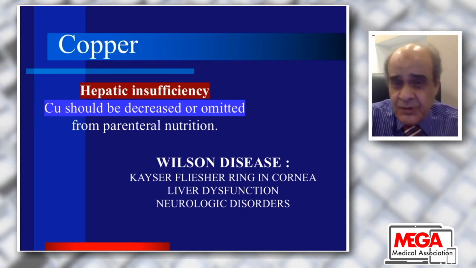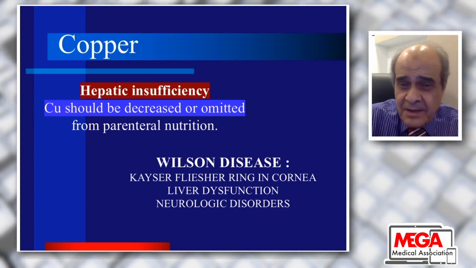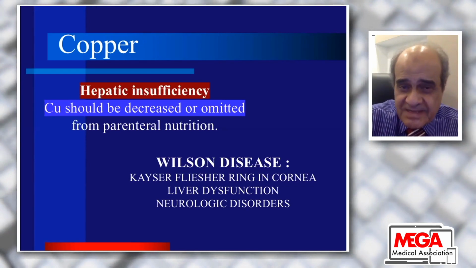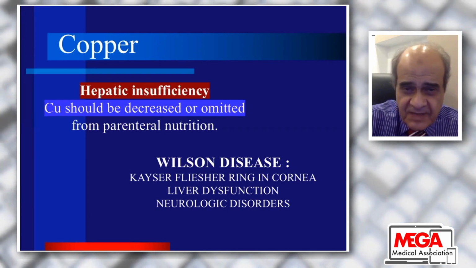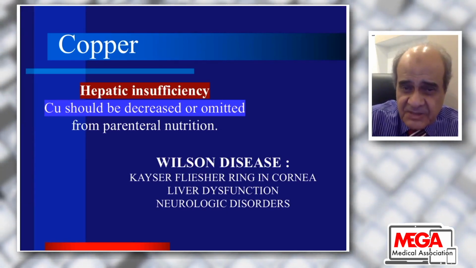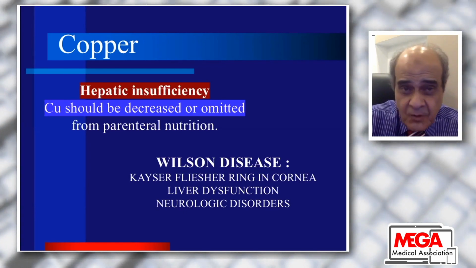And we don't forget Wilson disease, in which there are liver problems due to excessive copper and the deposition of copper in the tissue, including the liver, which leads to liver dysfunction, neurological disorders, and the Kaiser-Fleischer ring in the cornea.